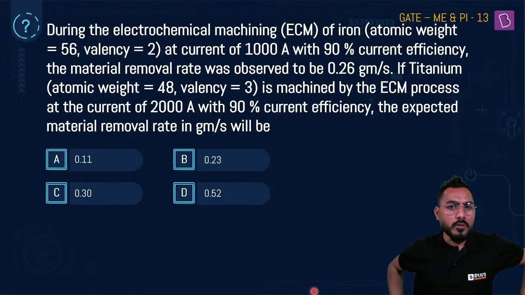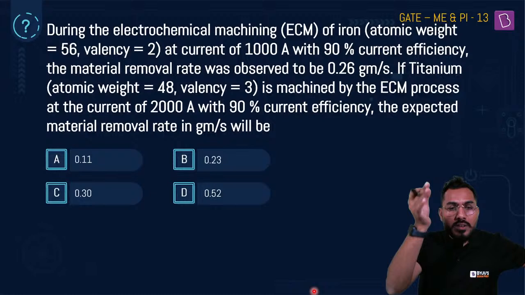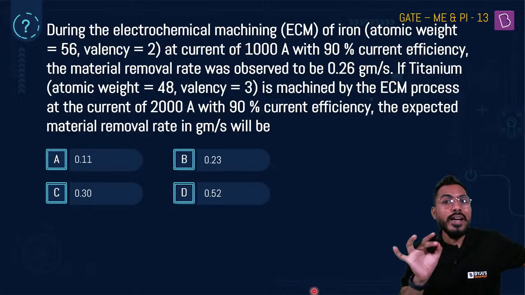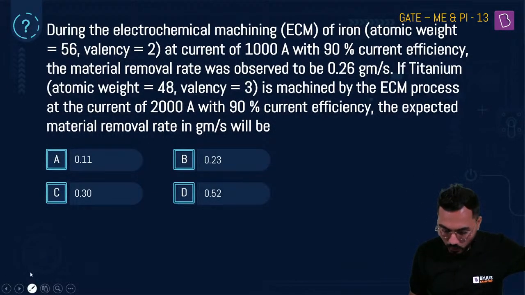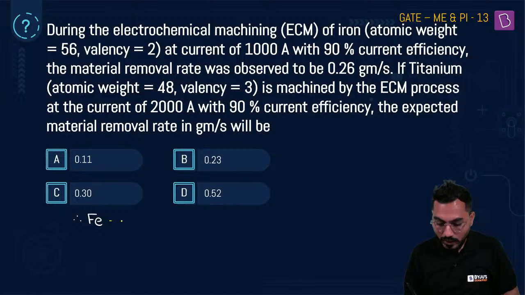Simple story, I'll tell you. Whatever the first half is given, you write down the data of the first half, which is related to the iron material. So for the Fe material, you write down the data, and then you tell me what is missing there. What is missing there? Right, fine.